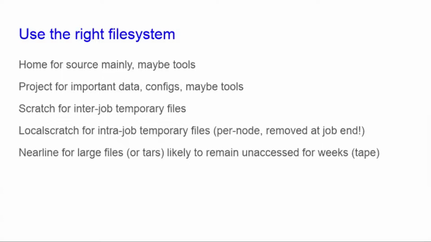Our systems are set up to achieve very high performance in aggregate, but that's spread across thousands of nodes. So one message is, if you think the I/O is slow, don't despair, talk to us about it. But here are some pointers. Home is, well, I won't repeat these. These are actually described in the docs wiki as well.